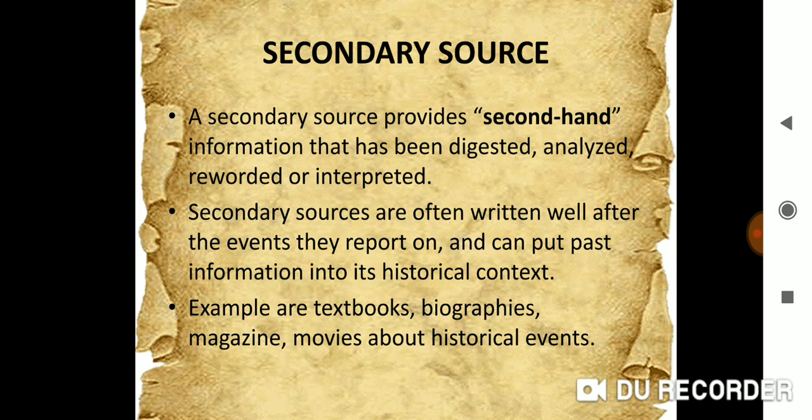So that is the secondary source of information, because that incident was not written at that time, when the primary source is what is written during the time the incident happened. But secondary sources are often written well after the events they report on, and can put past information into its historical context. Examples are textbooks, biographies, magazines, and movies about historical events.